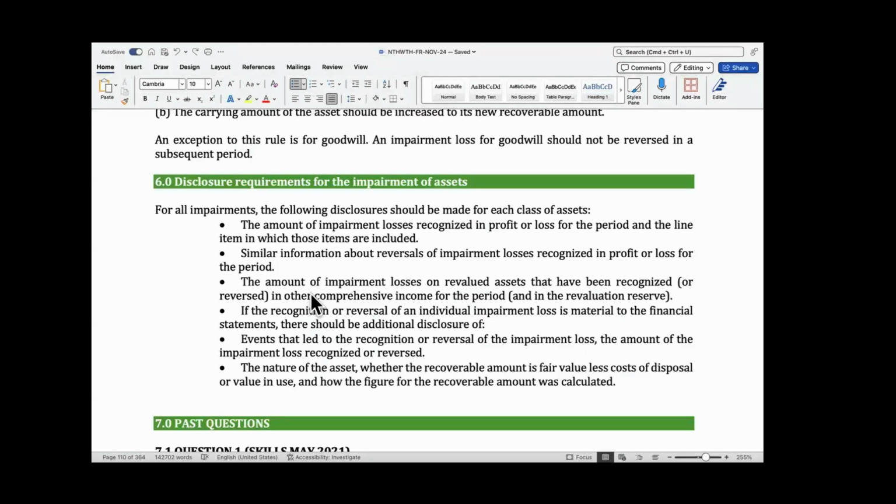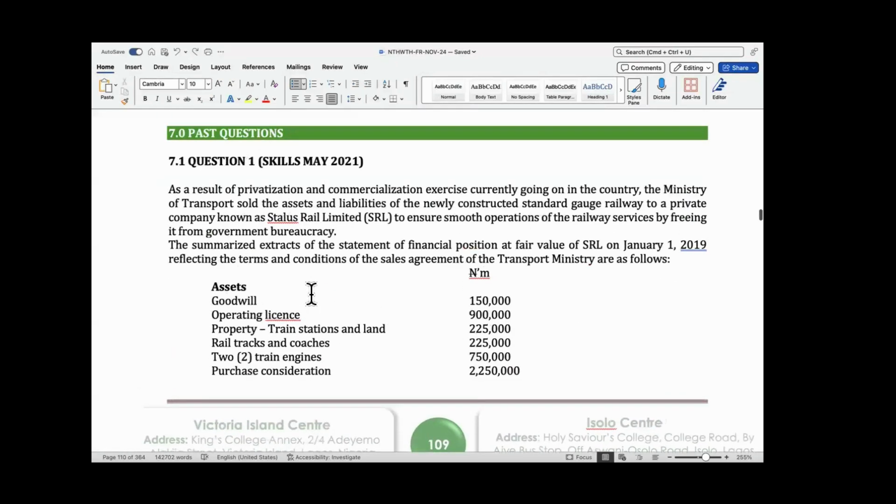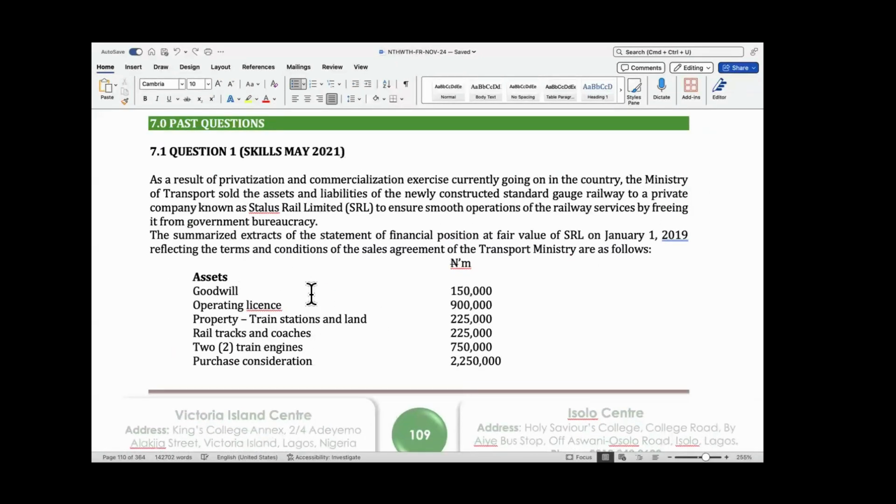So before the end of our class, let's look at this question also.